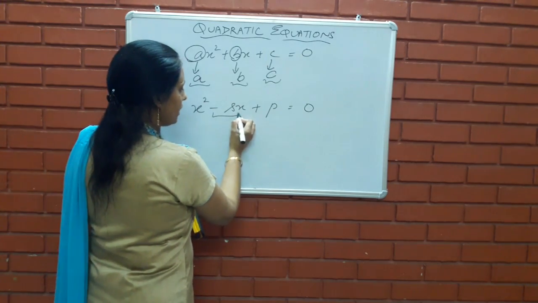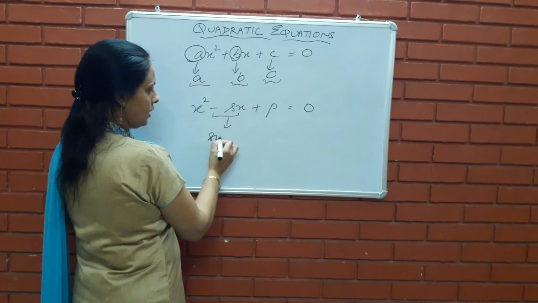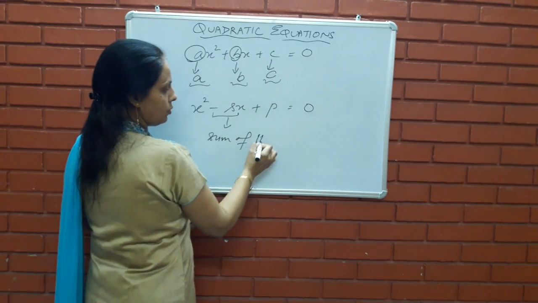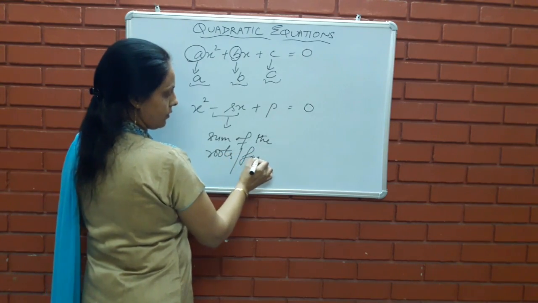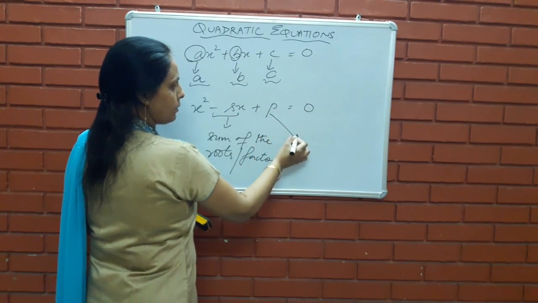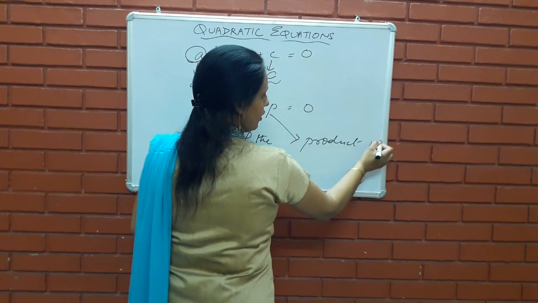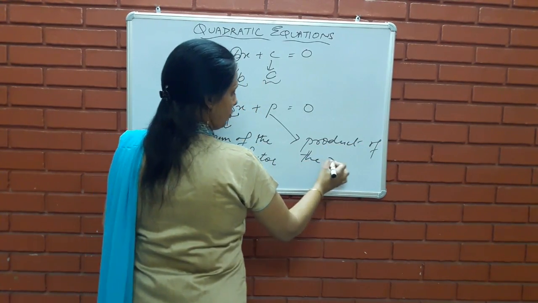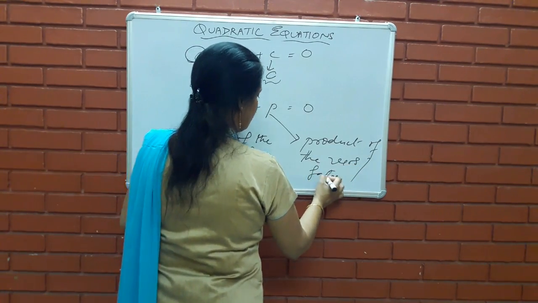Now we can replace this b with minus s. What is this s? This is the sum of the roots or the factors. And this p is the product of the zeros or factors or roots, one and the same thing.